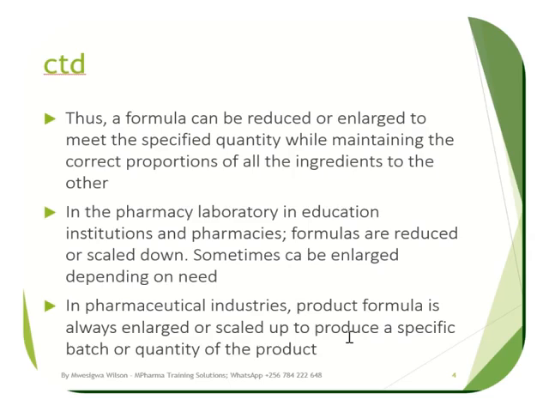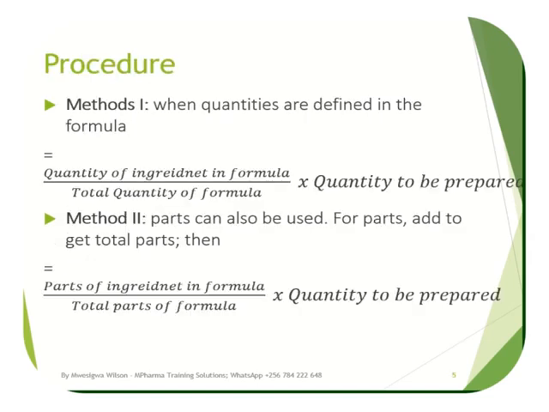The formulas are always the same, but they are enlarged or scaled up to meet a specified batch or quantity desired to be manufactured based on the orders. So it is important to understand that the product formula can be enlarged or reduced while maintaining the correct proportions of all the ingredients.